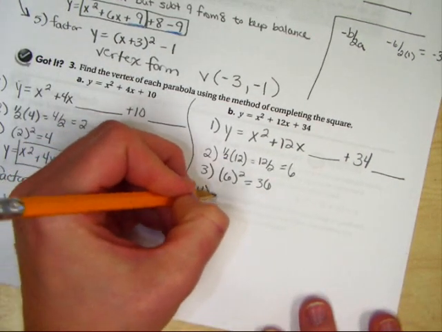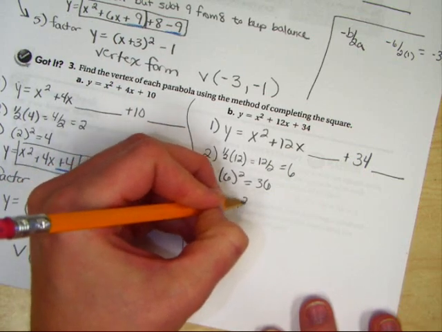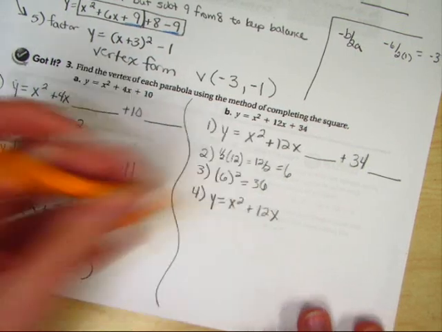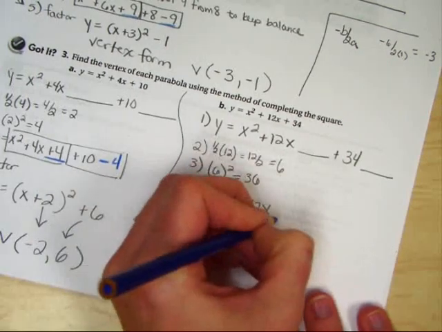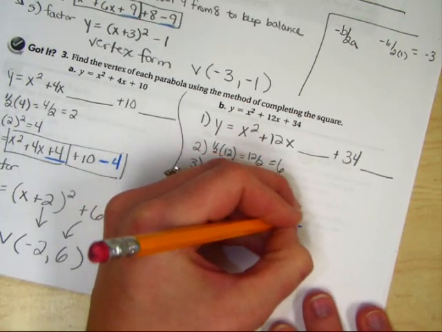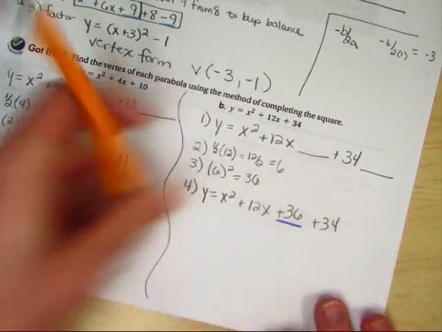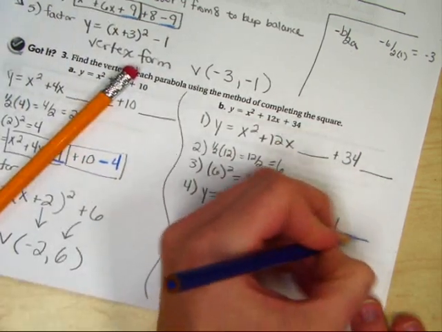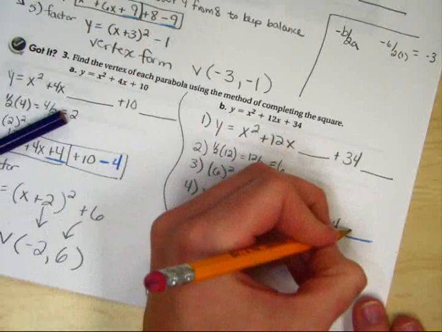Step 4, y equals x squared plus 12x. Now this is where you do the extra stuff. You get the plus 36, and then don't forget you had 34, but then to keep the balance, you have to do minus 36.